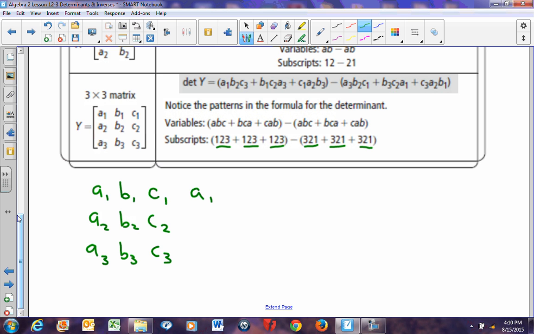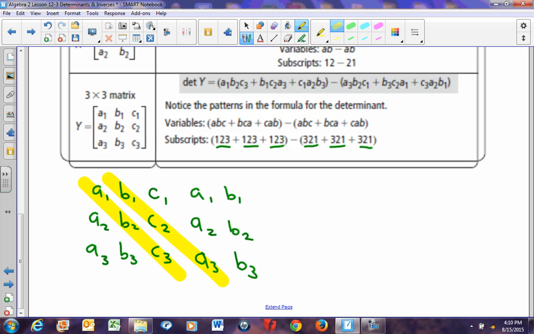Write A1, B1, A2, B2, A3, B3 down. And then you're just going to multiply in a diagonal. So I'm going to multiply A1, B2, C3, B1, C2, A3, C1, A2, B3, and then I'm going to subtract.